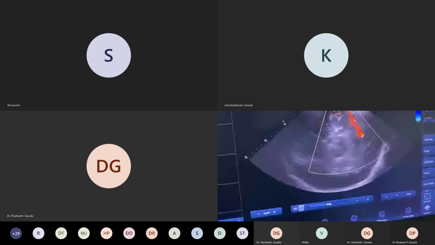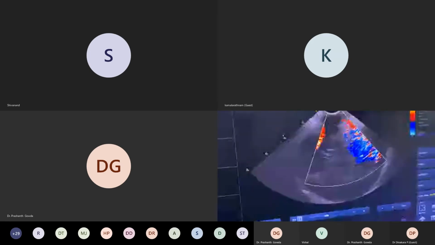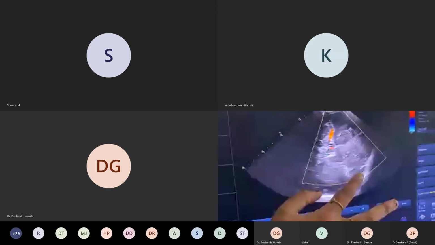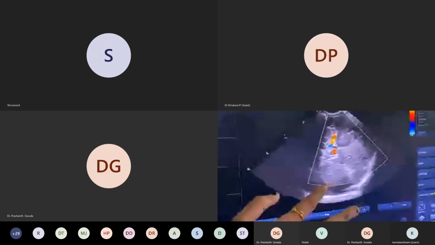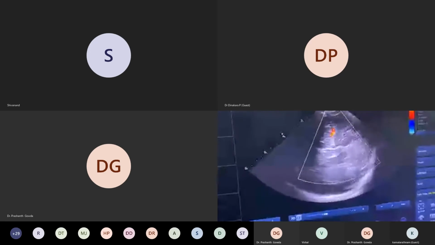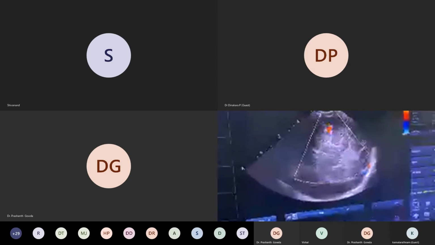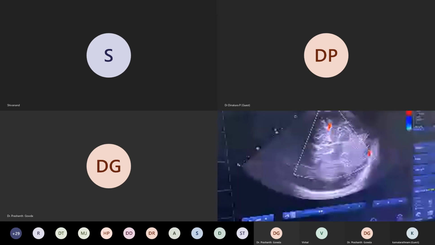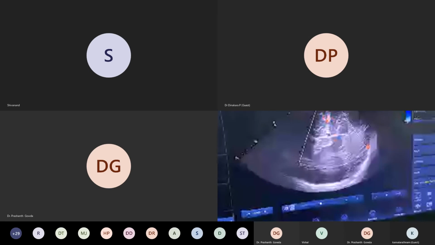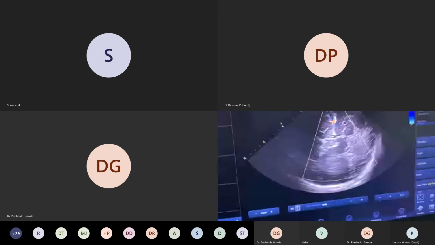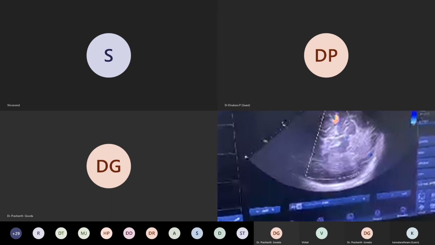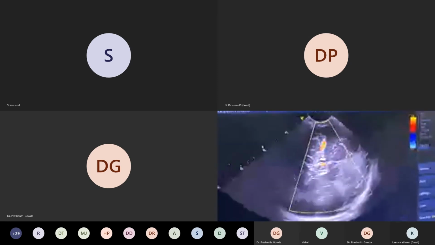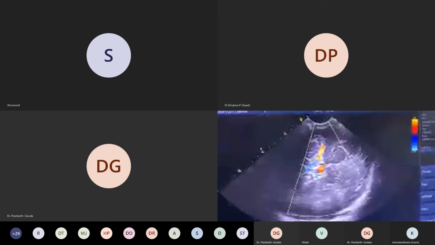Fine. Yeah, you can see the middle cerebral artery pulsation. Enlarge it further. Slowly adjust a little bit to get that. Wait. Circle of Willis. Yeah.